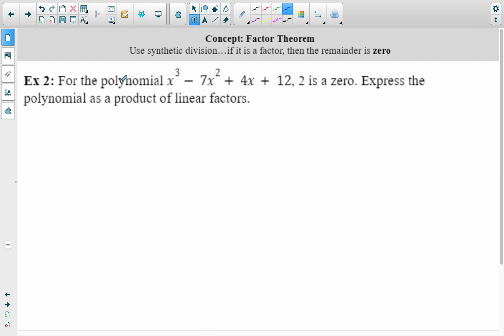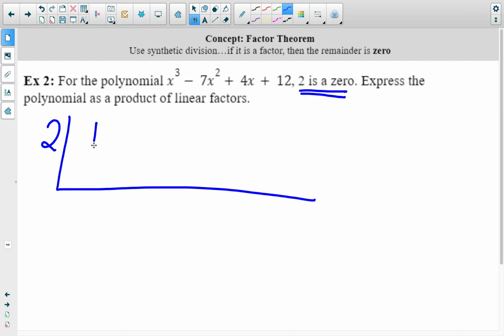Okay, second part of this, for the polynomial x to the third minus 7x squared plus 4x plus 12, 2 is a 0. Express the polynomial as a product of linear factors. So since 2 is a 0, we're going to take that 2. We're going to use synthetic division. Okay, before I get too ahead of myself, let's talk about the big picture of this question for a second.